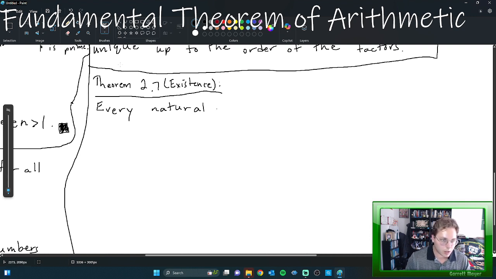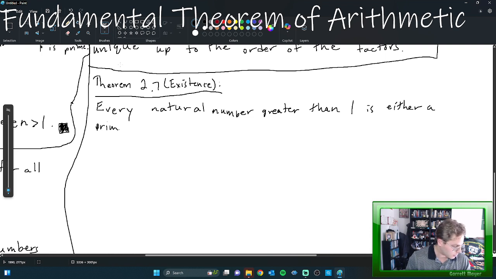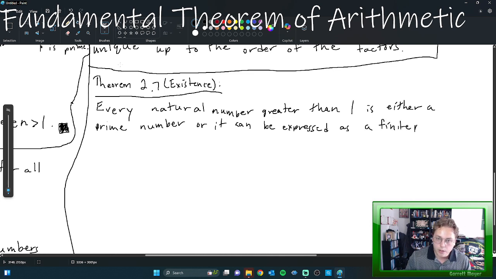So every natural number greater than 1 is either a prime number or it can be expressed as a finite product of prime numbers.